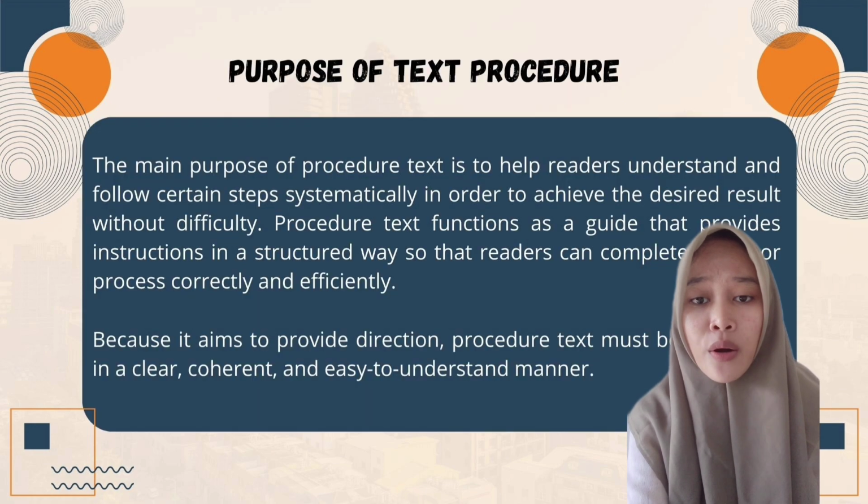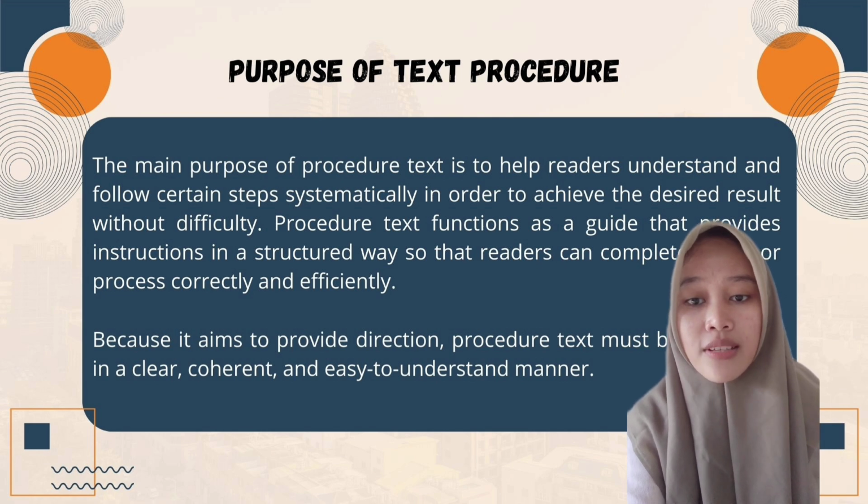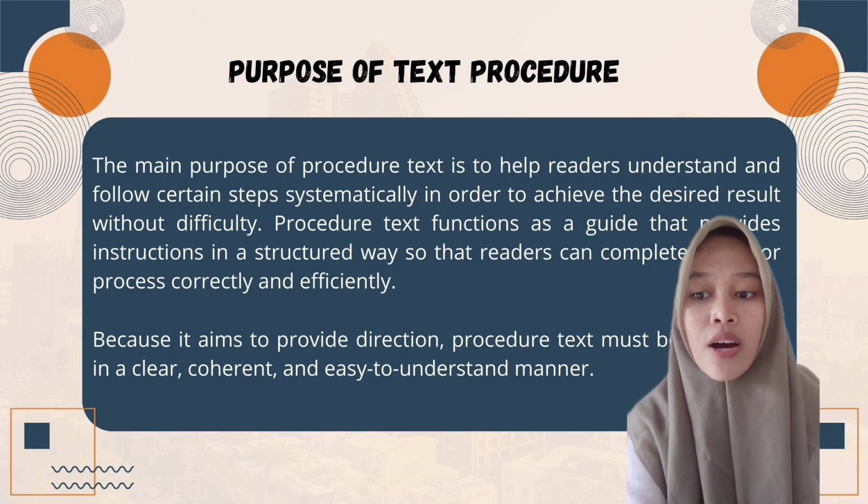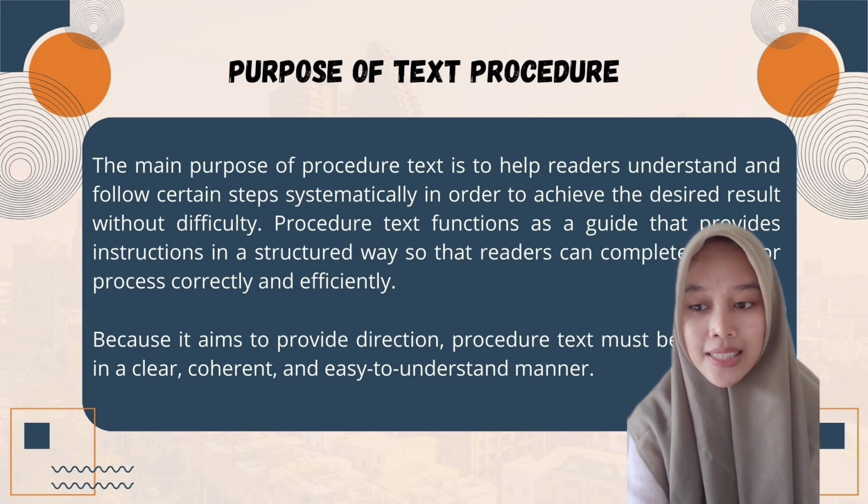Then, the purpose of this procedure text is to help readers understand and follow certain steps systematically in order to achieve the desired result without difficulty. Procedure text functions as a guide to provide instructions in a structured way so that readers can complete a task or process correctly and efficiently.